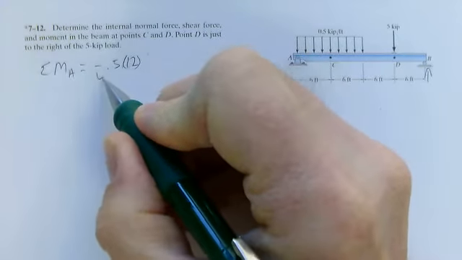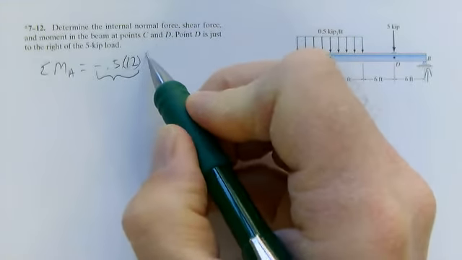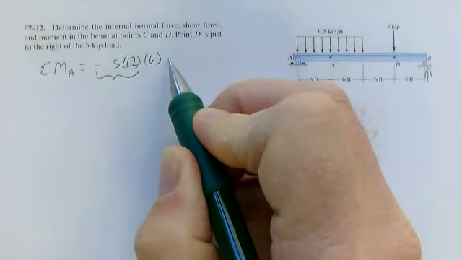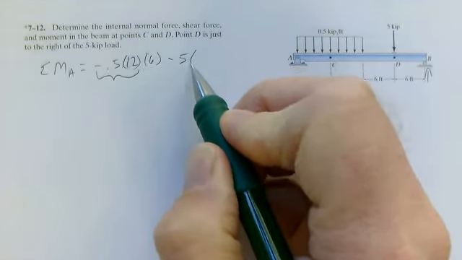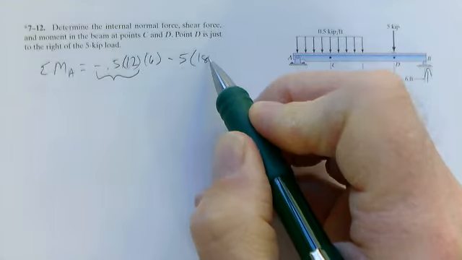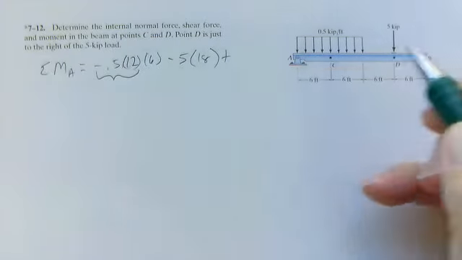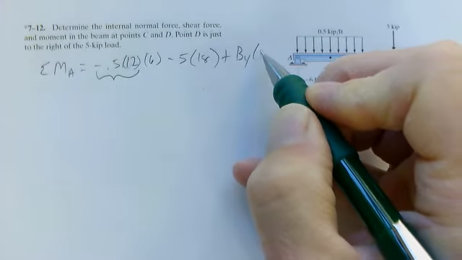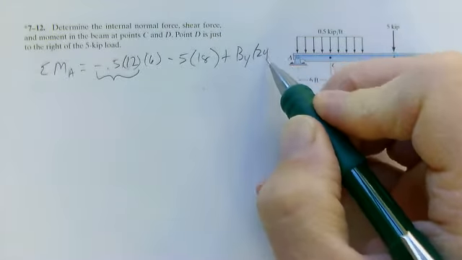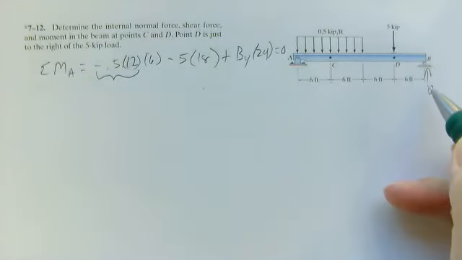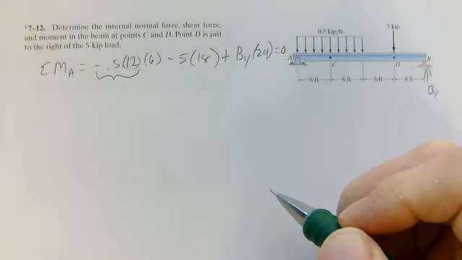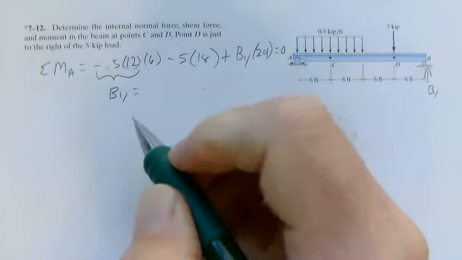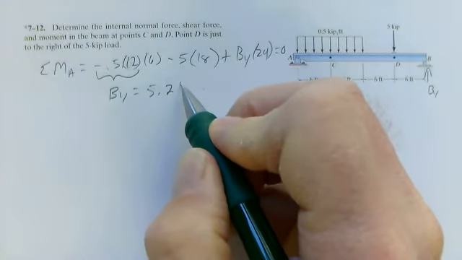So there's the total force, and then the distance is 6. And then negative 5 kips times 18, plus By times 24 equals 0. By is causing rotation this way, so it is positive. So By is equal to 5.25.